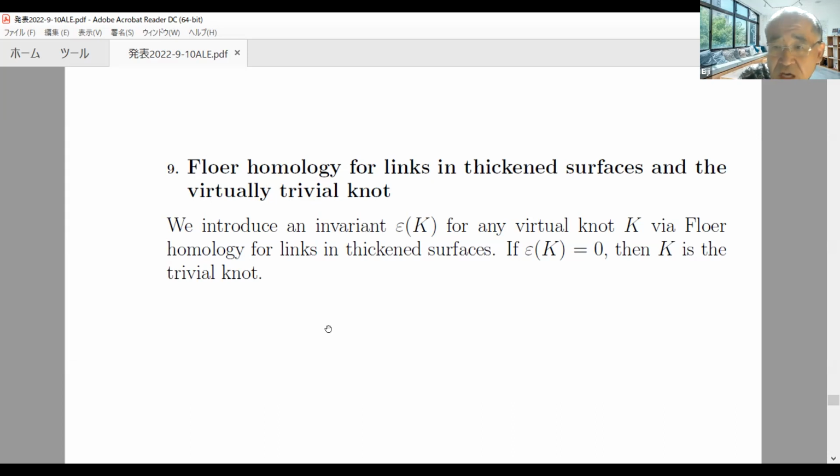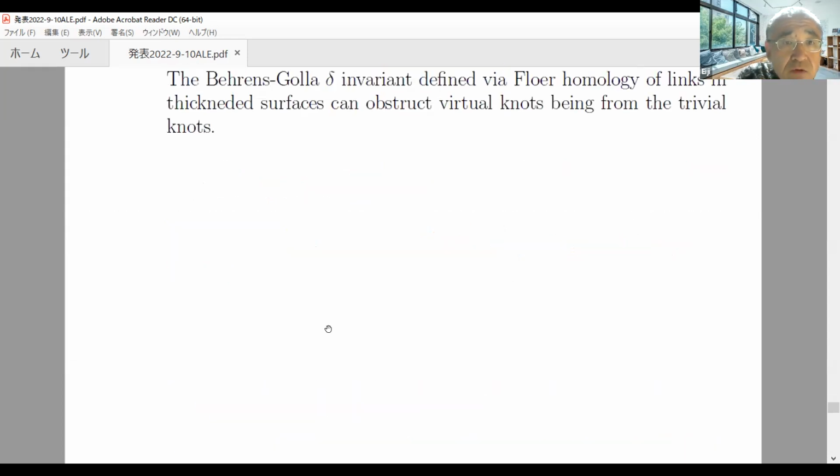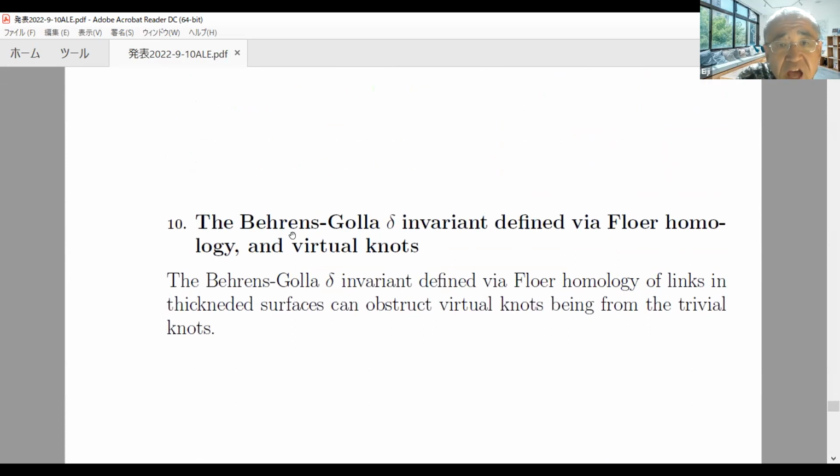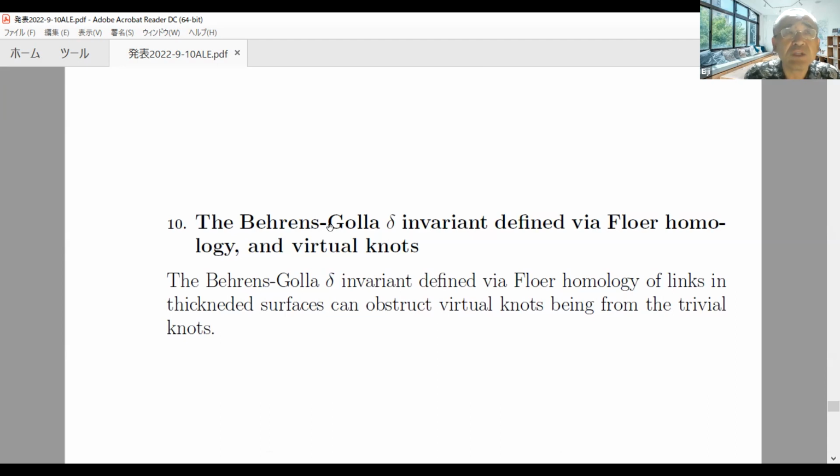We use Juhász's sutured Floer homology, Ozsváth-Szabó Floer homology, and we use the Baldwin-Gillam delta invariant via Floer homology. It can obstruct a virtual knot from being the trivial knot. Anyway, surgery on three-manifolds, and consider four-manifolds which bound three-manifolds and apply their result.